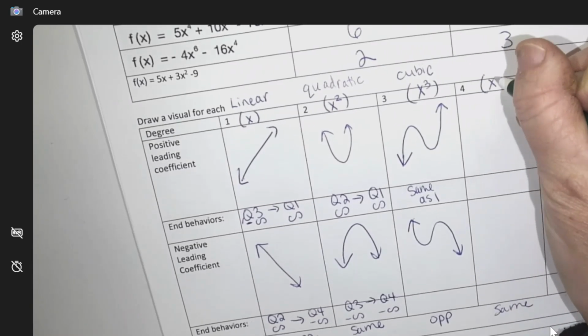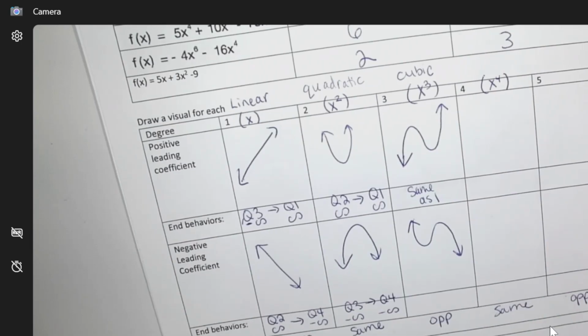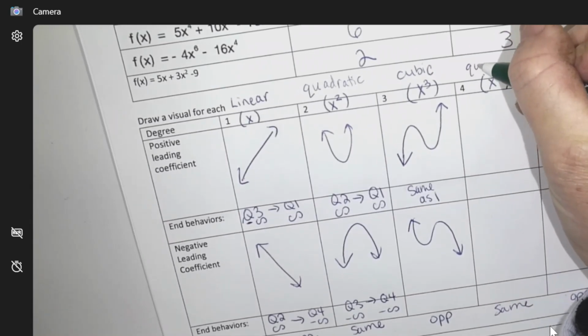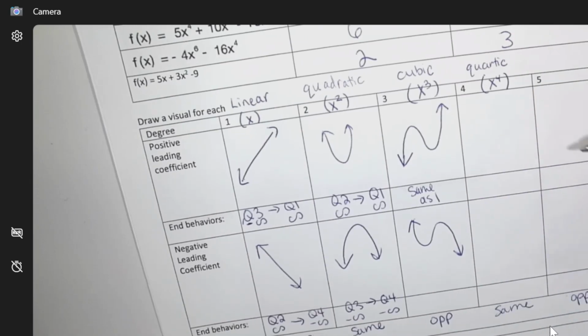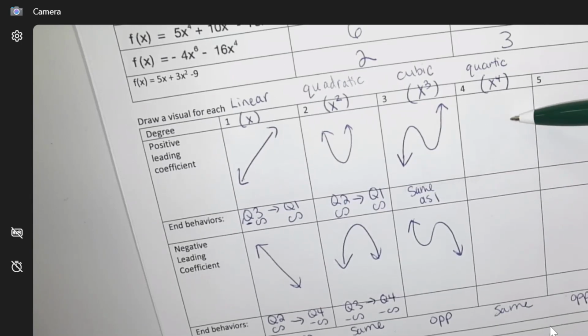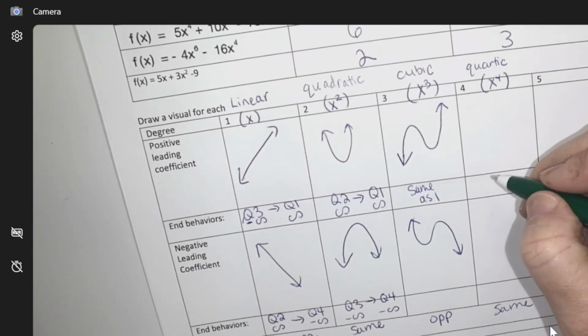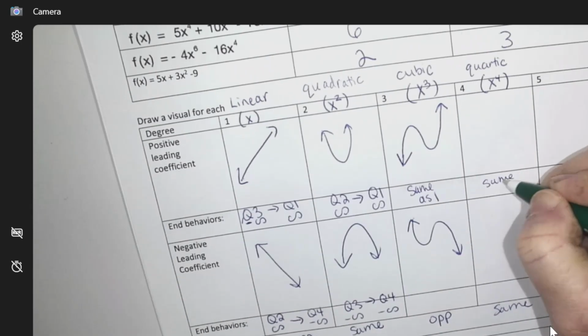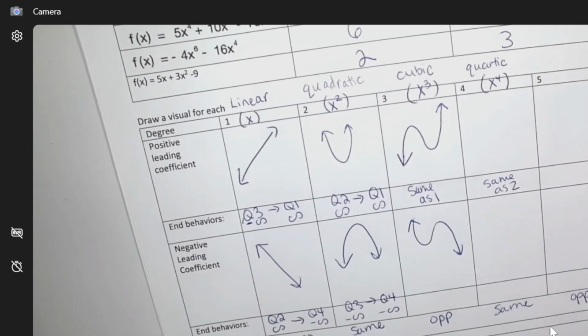Okay, to the next, x to the fourth. This is called a quartic relationship. And the arrow stuff is going to be the same as 2, right?